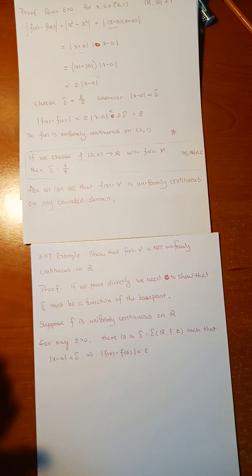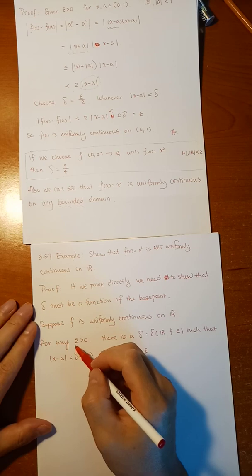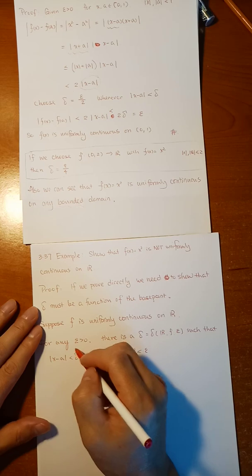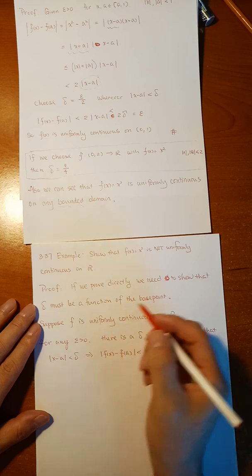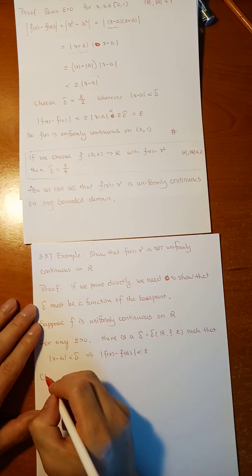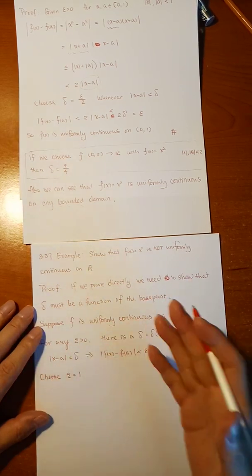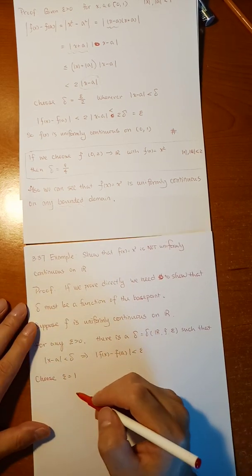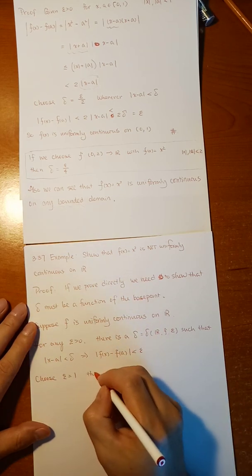So this is the definition. Here, for any epsilon, we just pick one value. We can choose whatever value we like. To be simple, choose epsilon to be number 1. You can choose 10, a million, whatever. Any number will give you a contradiction. Okay, epsilon is equal to 1, and there's a corresponding delta.